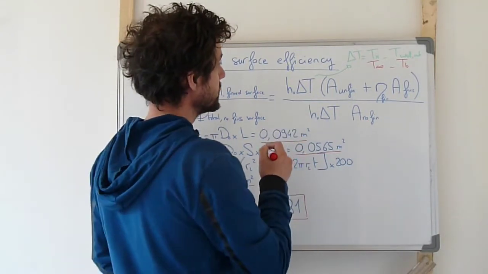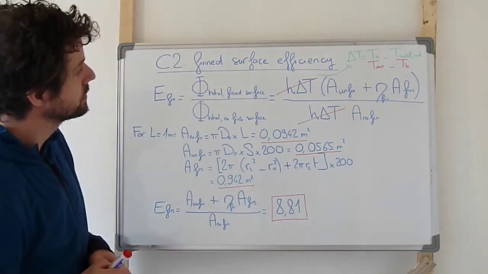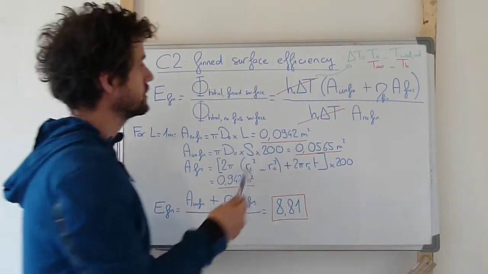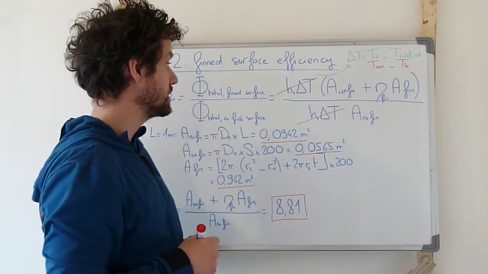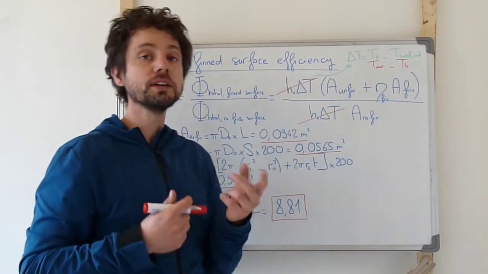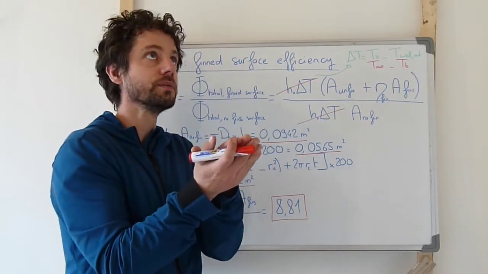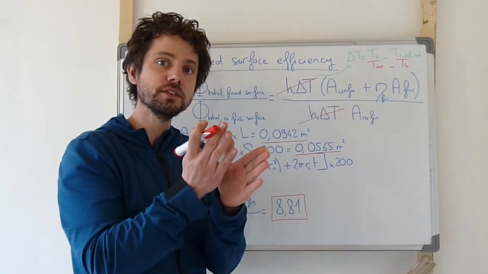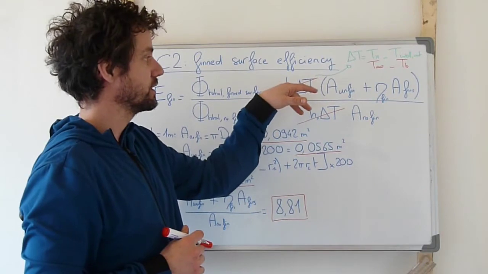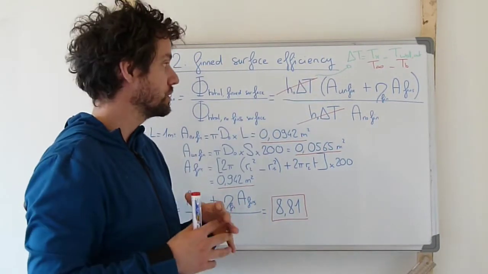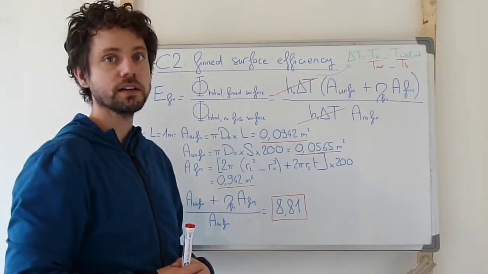So we see that we can simplify this by removing the heat transfer coefficient, because we consider it the same. That's quite a big approximation, to consider that whatever the orientation of the surface, we still have the same convective heat transfer coefficient. We also remove this delta T, which is considered as the same.